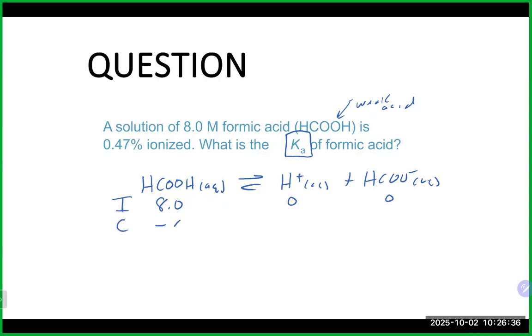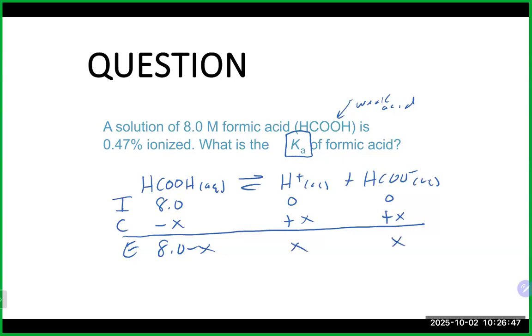Change would be minus X, plus X, plus X. That means when we reach equilibrium, we have 8 minus X, X, and X. This would go into our Ka expression, which would be the concentration of our products over our reactants, like normal.